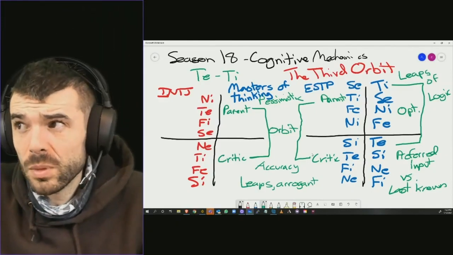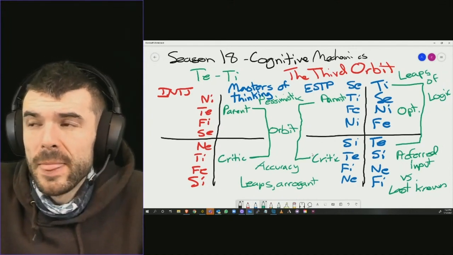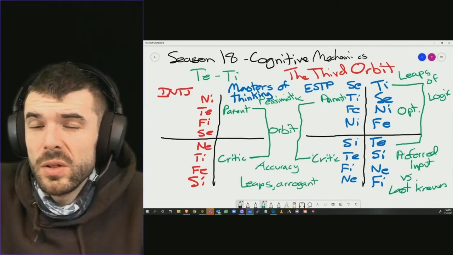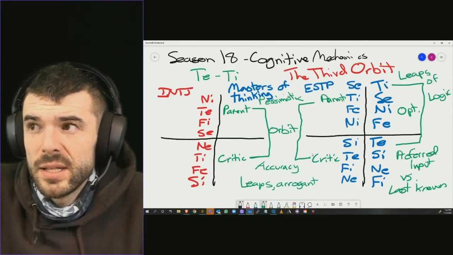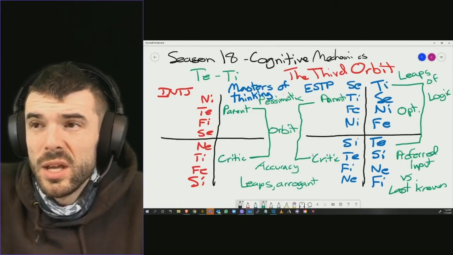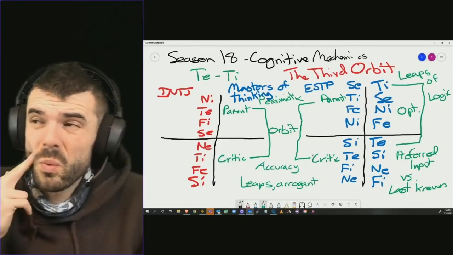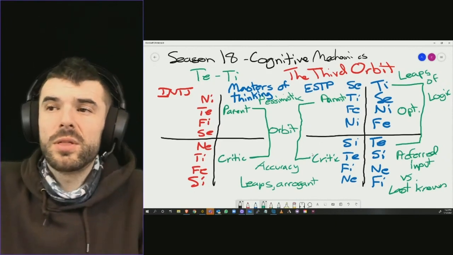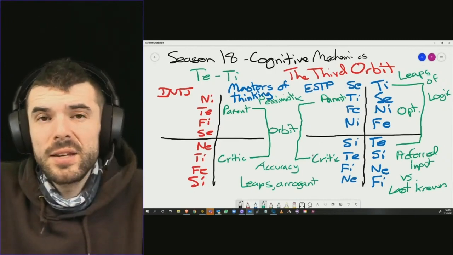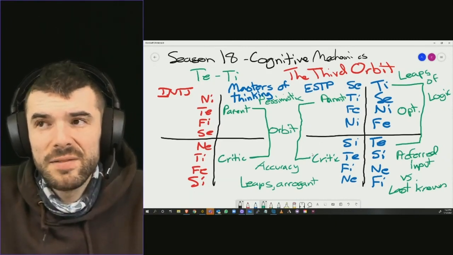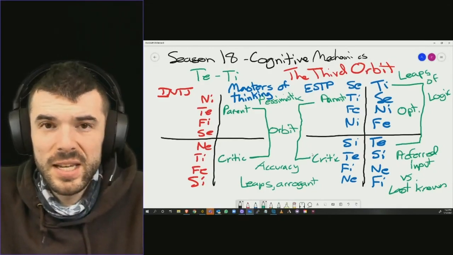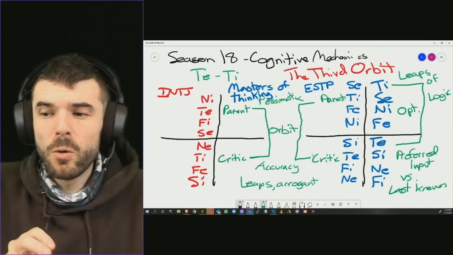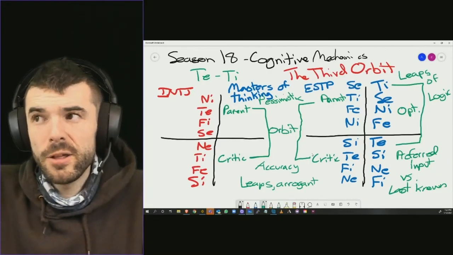So anyway, the point is that when you're looking at the third orbit in this particular model, it's important to understand that when you have parent functions in an orbit with their critic, they end up being the most effective. They have the highest efficacy for that form of cognition better than other people.